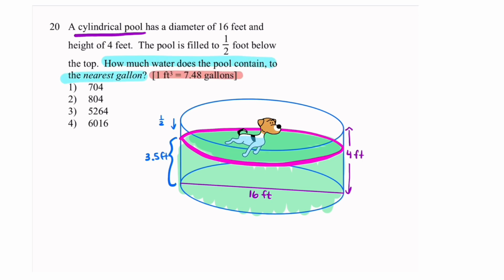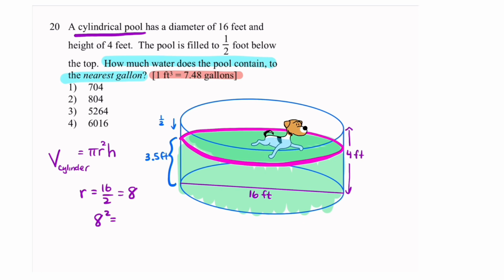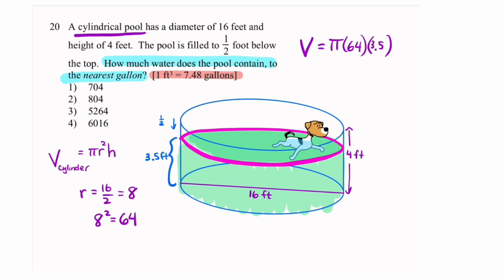Well, we'll have to find the volume of this cylinder and then convert the cubic feet into gallons. The volume formula for a cylinder is pi r squared times the height h. And solving for the radius here, half of the diameter, is 8, and 8 squared is 64.